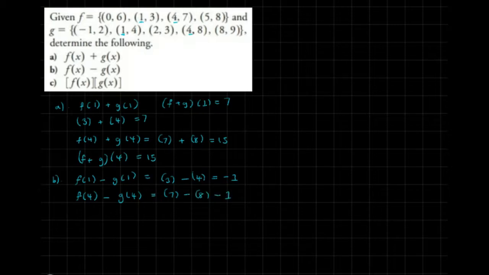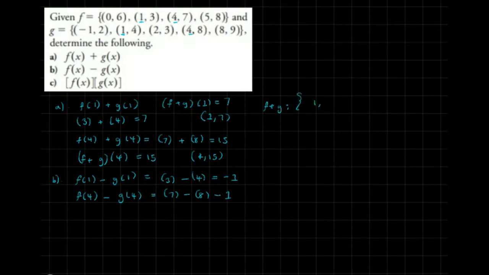Okay, so when you write this out, you really want to include the ordered pairs. In the first case, we had f plus g of 4 is equal to 15. You want to write the point as (4, 15), and we know that f plus g of 1 was 7, so the point here is (1, 7). So these are the new points of the f plus g ordered pair set.